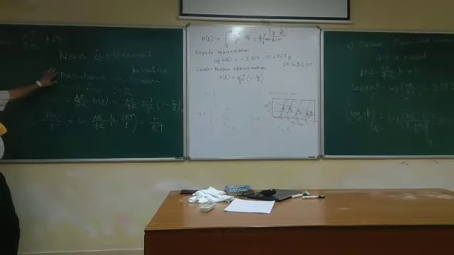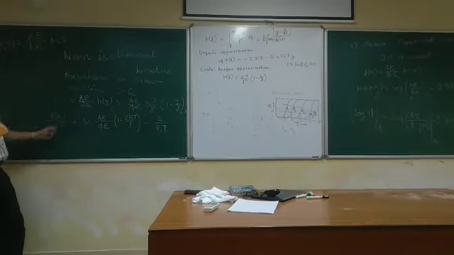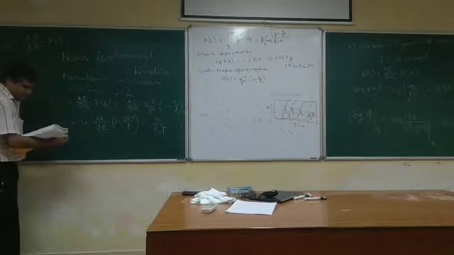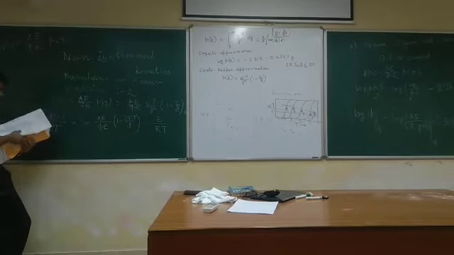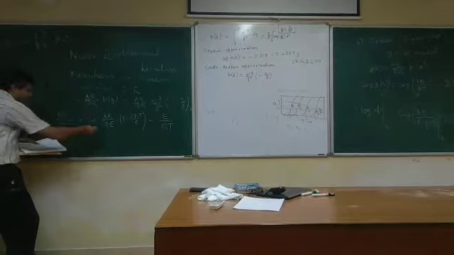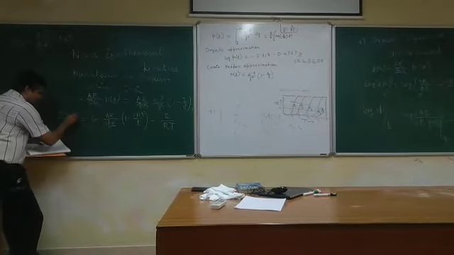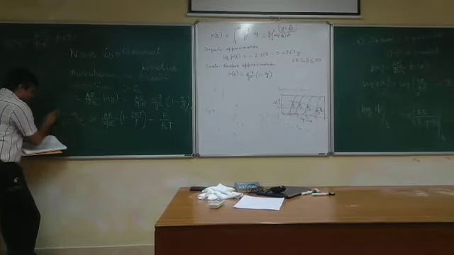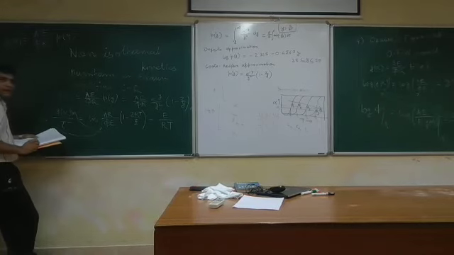What the other authors did was a simple modification of this: just take phi this side and G alpha this side. That's all they did.